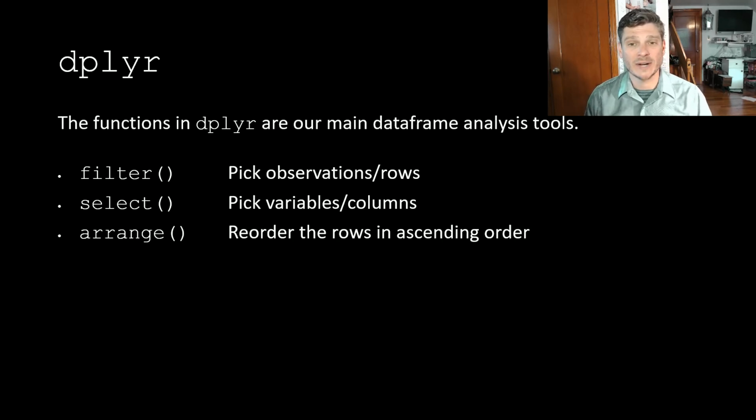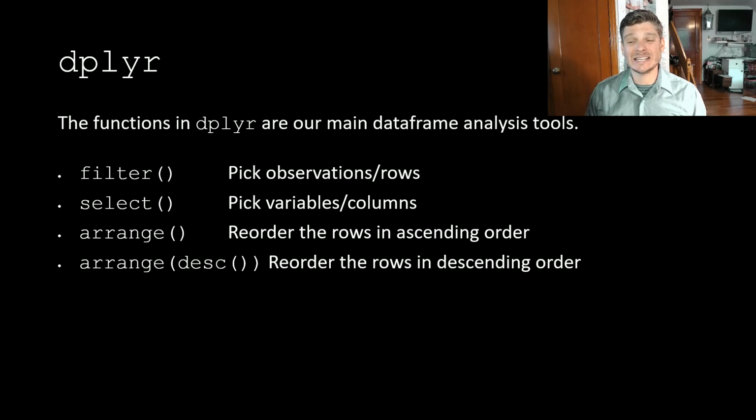Then there is arrange, which reorders our rows in ascending order, so from smallest to biggest. And if we want to reorder in descending order, we use arrange with descending order and then put our information in there. And that's not the only way we can do it, and I'll even make a note of that formally towards the end. But that's typically the way that I like to write it out because it's just easier for me to read my code and know what I'm doing.